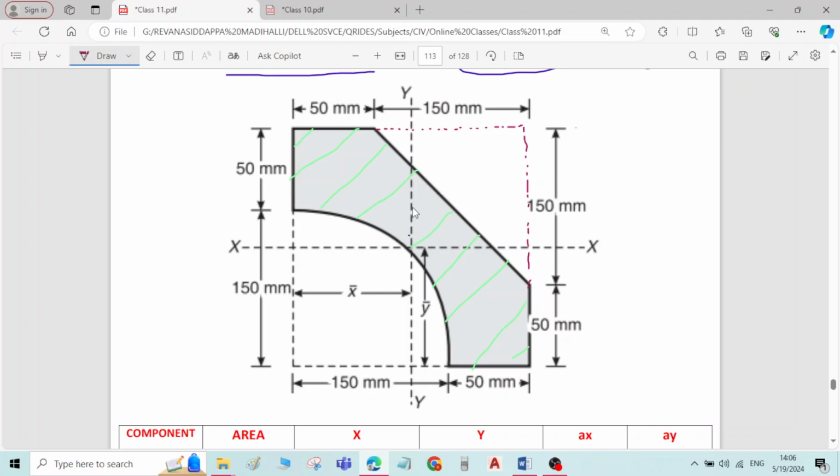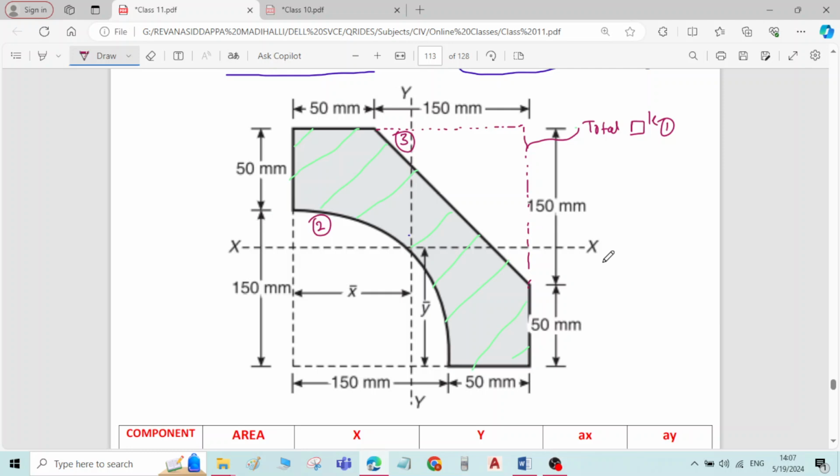Now I'll take this whole rectangle, the total rectangle, as component number 1. I'll take this quadrant of the circle as component number 2. I'll take this right angle triangle as component number 3.